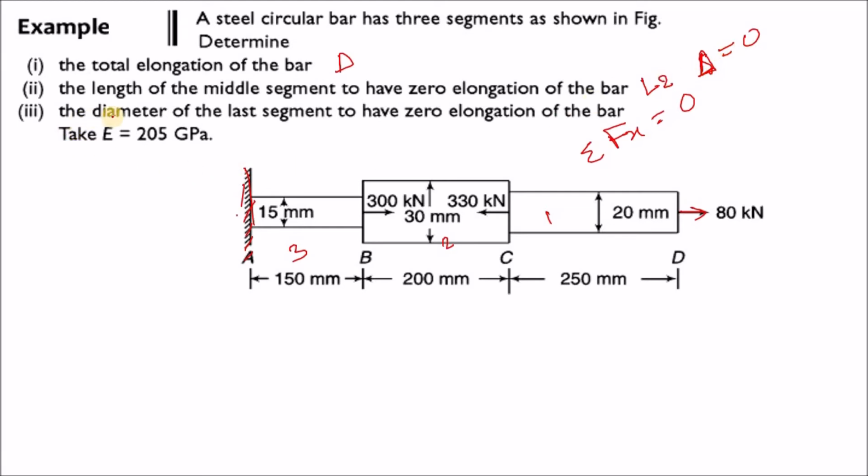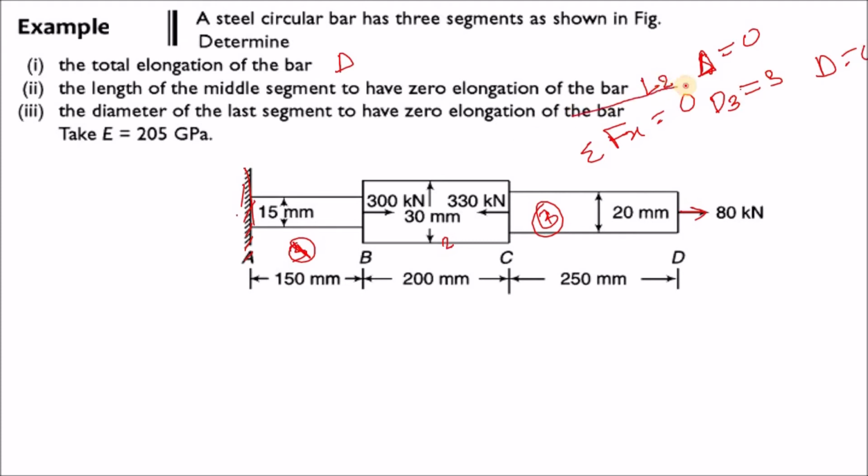In the third question, the diameter of the last segment for which the bar has 0 elongation. Write segments 1, 2, 3 in this way. In the third problem, we should find D3 for which delta will be 0.